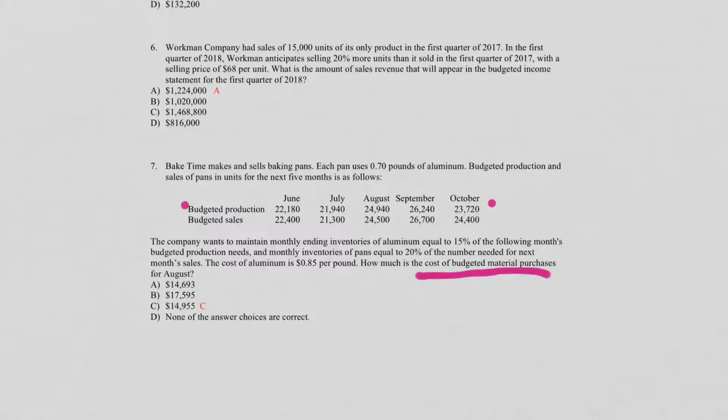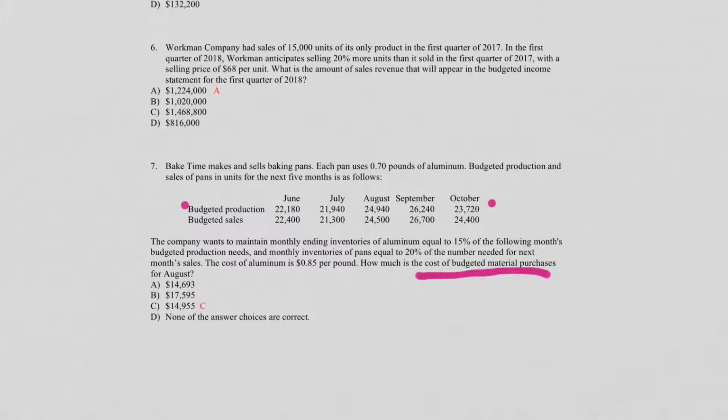We are told inside the problem that the ending inventories are going to be based on the next month's budgeted production. So if we need to know any particular month's ending inventory, it's 15% of the next month's budget of production.